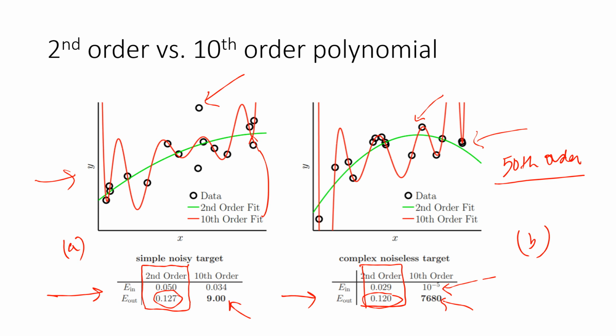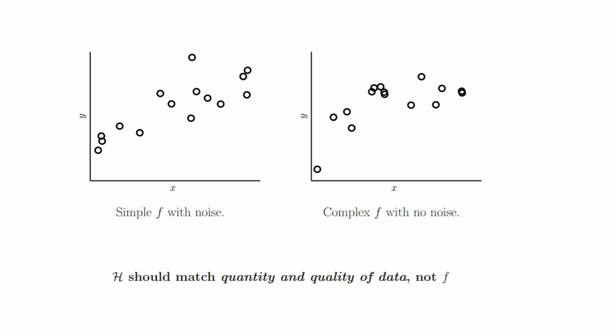Now, to summarize what's going on: what matters is how the model complexity matches the quantity and quality of data, because we don't see the target function. We only see the data. So your algorithm is essentially trying to fit the data and not the target function. This is what we see: simple F with noise, complex F with no noise.